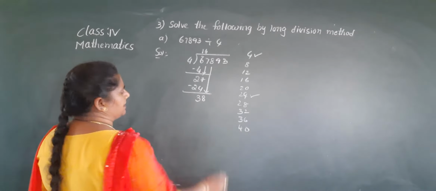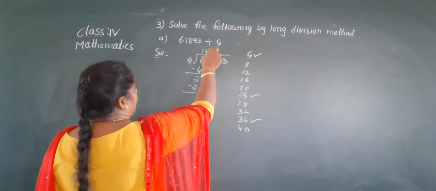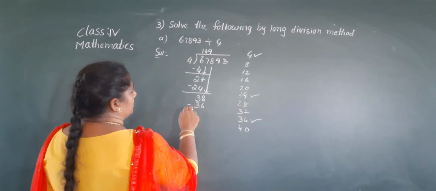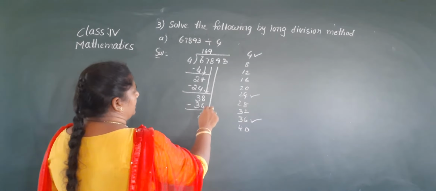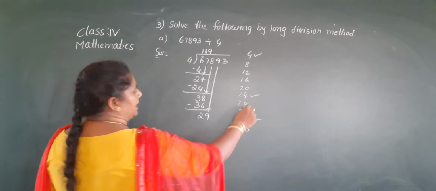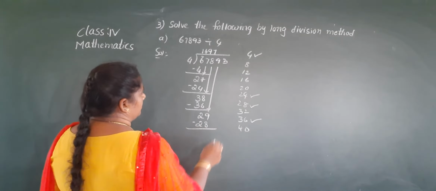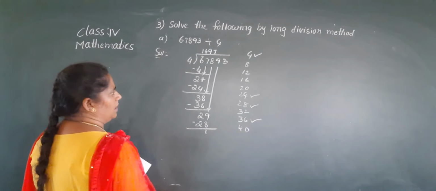Take down 8, 38. 38, nearest number is 36. 4 9s are 36. 2. Take down 9, 29. 29, nearest number is 28. 4 7s are 28. 9 minus 8 is 1.